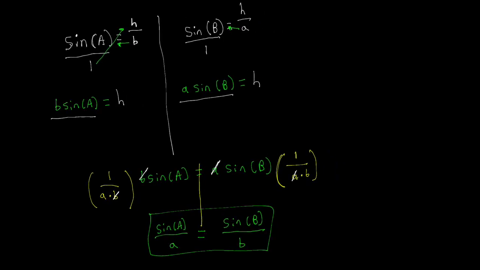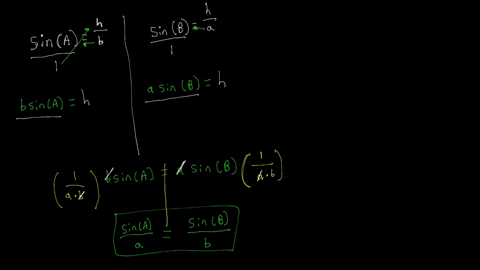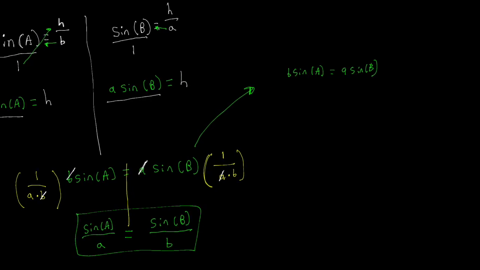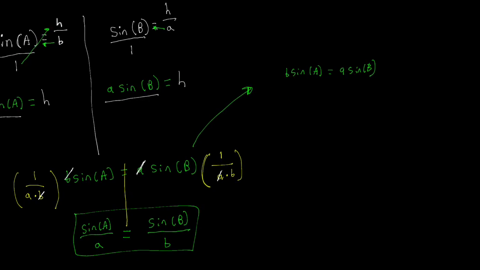Now, depending on which textbook you get, they might do things a little differently here. For example, let's say we had b sine of a equals a sine of b. What some people like to do is, instead of multiplying both sides by ab, they like multiplying both sides by 1 over sine a sine b, which is also valid.